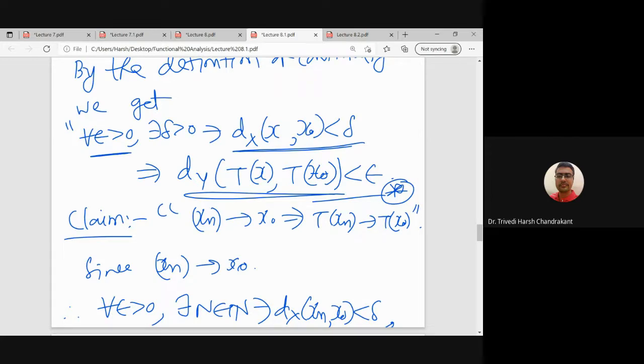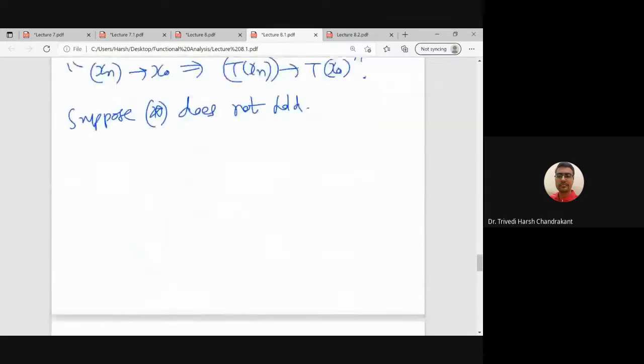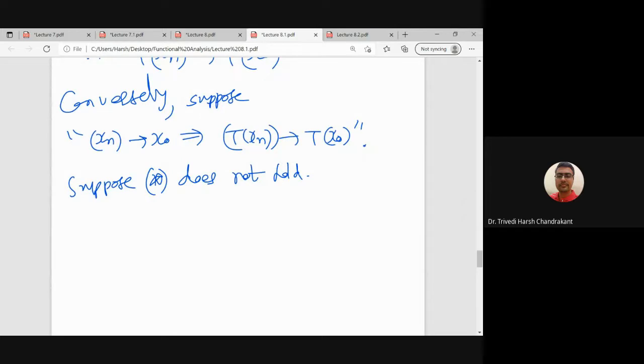Property will fail means the distance of x with x naught is less than delta, but we will not get the distance of Tx and Tx naught less than epsilon. So we'll get the distance of Tx and Tx naught greater than or equal to epsilon. So let us write down the negation.